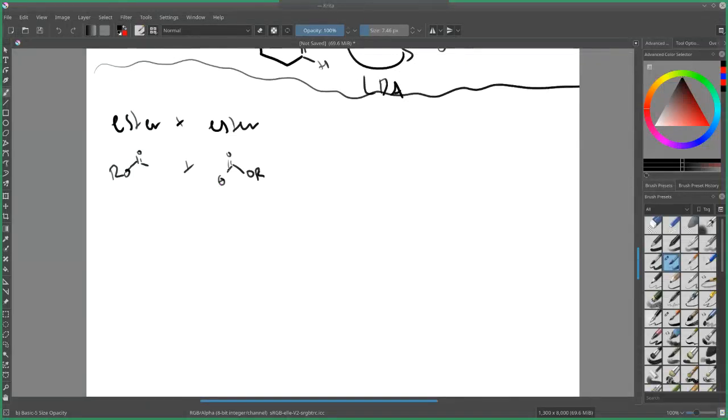And let's say you make an enolate here, and now this enolate comes over here and attacks, and we kick off that RO minus. From there, what you wind up getting is what is called, everybody's favorite, a beta keto ester.